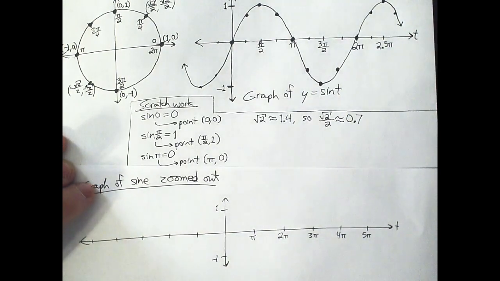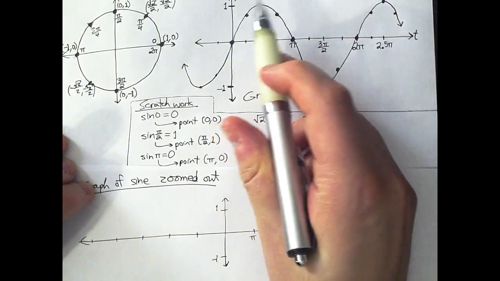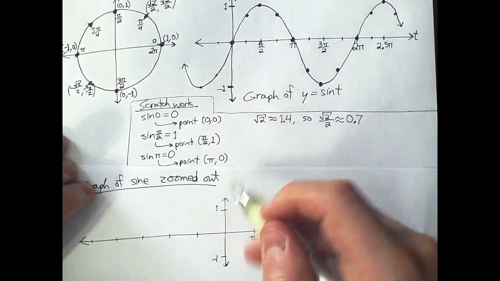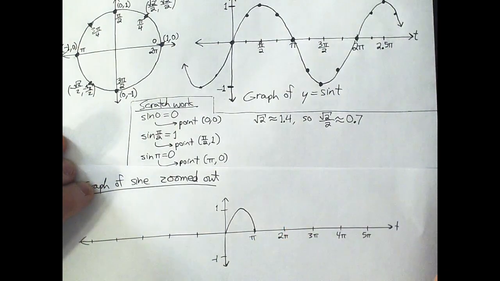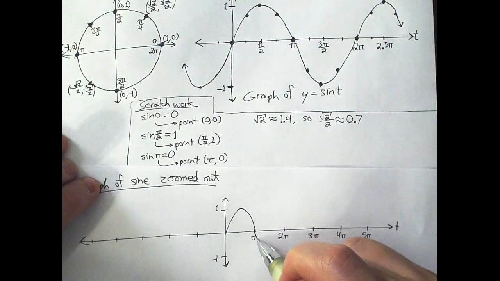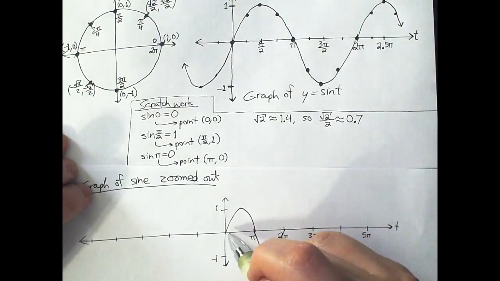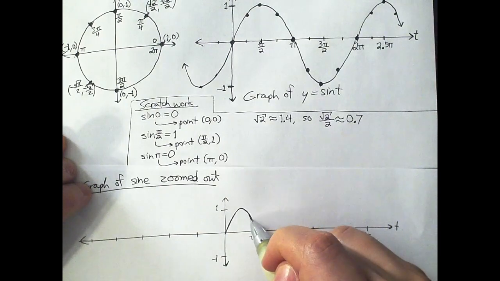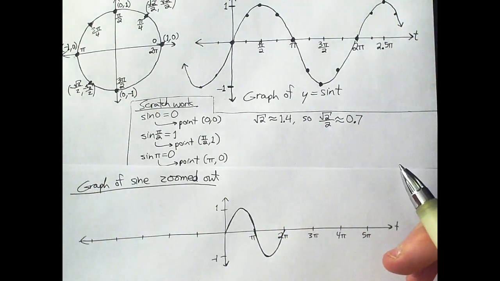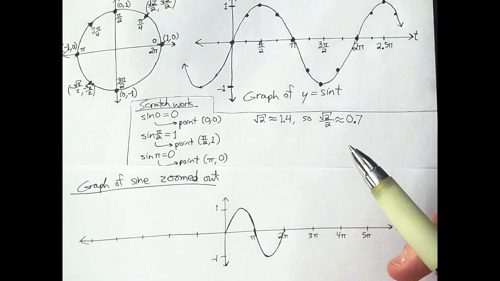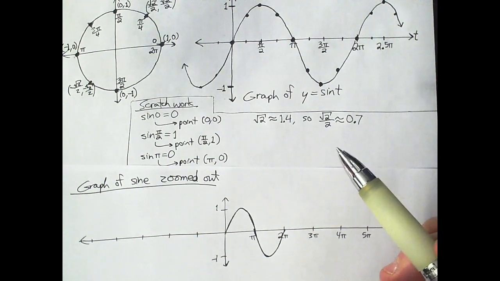All right, so what would we get? We would get kind of the picture we drew here that goes up and down by the time it gets to pi. And then it goes down and back up by the time it gets to 2 pi. Like that. All right, so this right here, earlier we said sine is a periodic function and that it has period 2 pi.